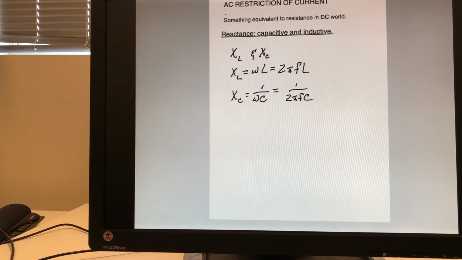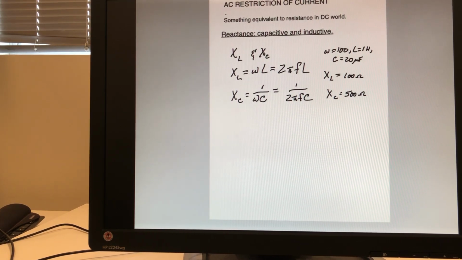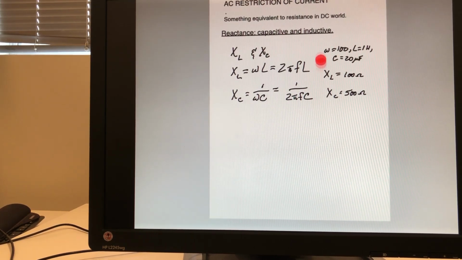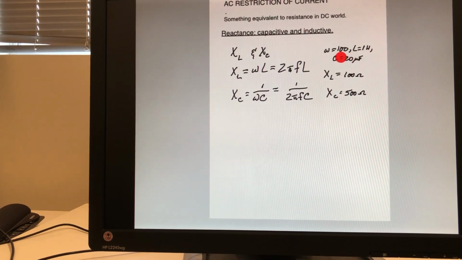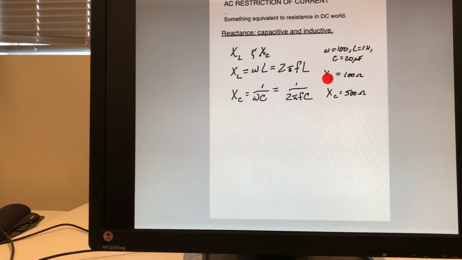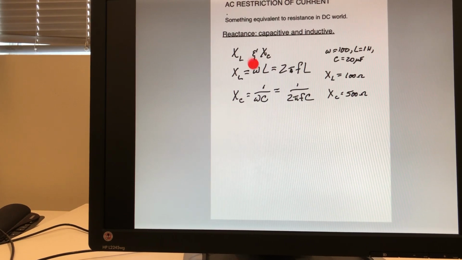That's fine. Here's a quick example where we set omega equal to 100. We have a 1 henry inductor and a 20 microfarad capacitor. What is the X sub L? We put 100 in for the omega and 1 for the inductance, and we get 100 ohms, as we would think.